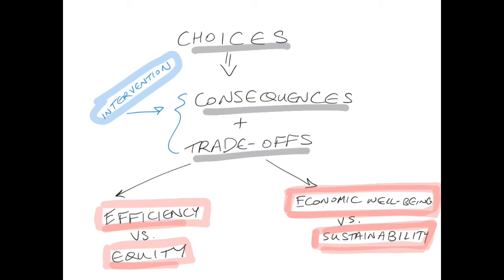Now, because of these consequences that are often unintended and can be negative, and these trade-offs, governments often interfere. So intervention is another one of the 9 central economic concepts. Economists study government intervention, whether or not governments should interfere, how much governments should intervene in markets. All of this is subject to debate between economists.